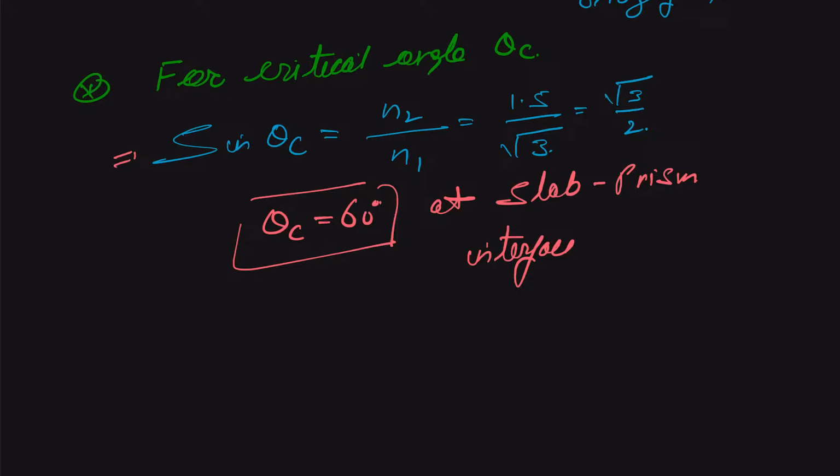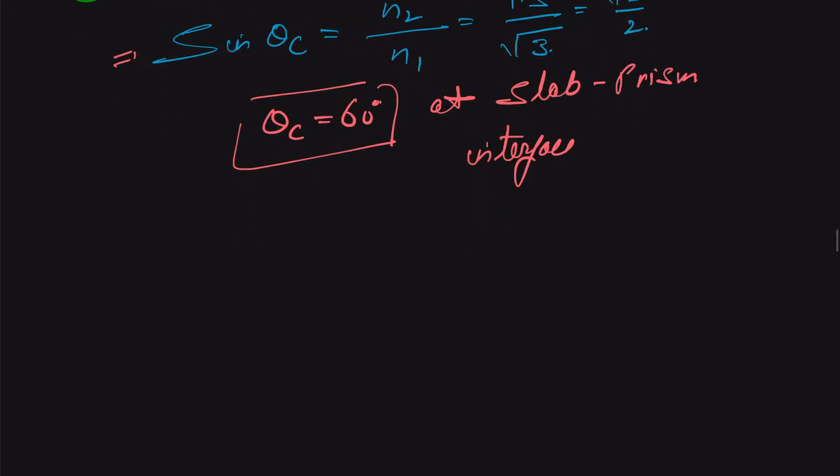Now we come to the basic geometry of our prism, and we know that this is our prism. For incident light something like this, there is a normal, and it is going to travel something like this, and this is the normal on the other end.